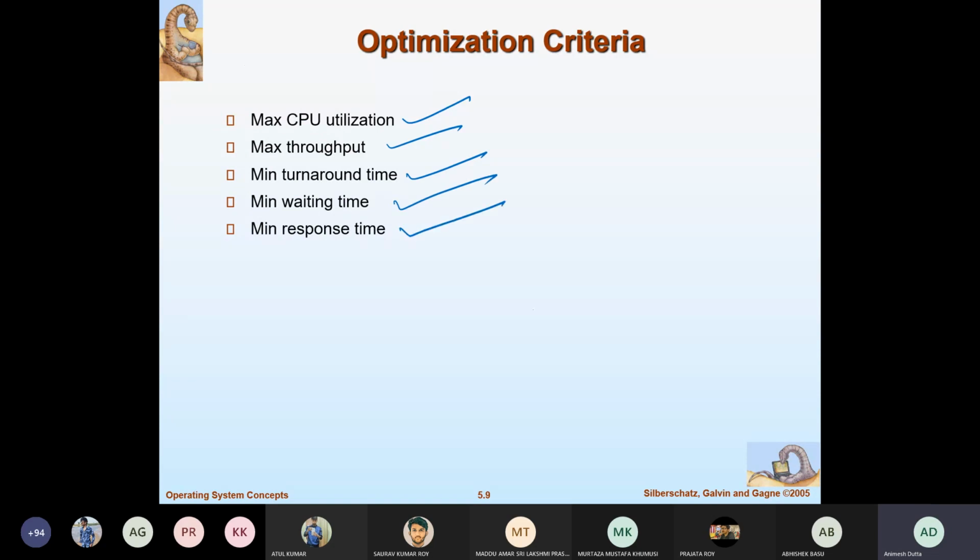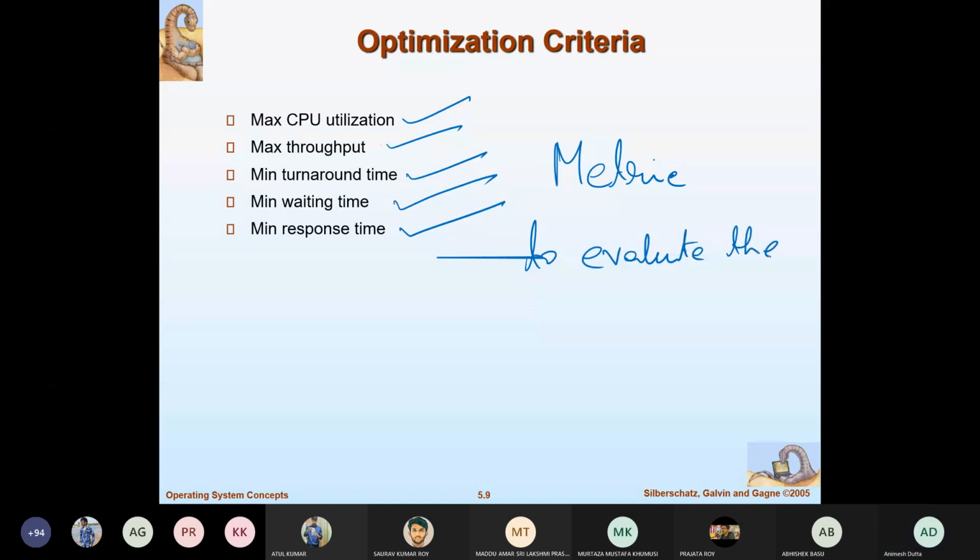In computer science language, this is called the metric to evaluate the CPU scheduling algorithm.